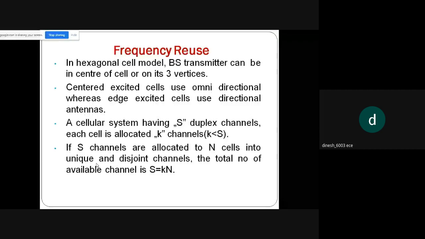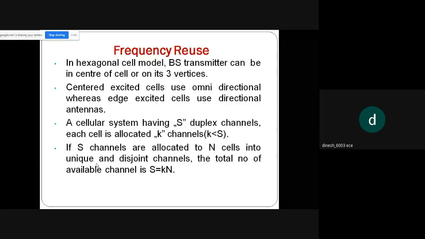In urban areas, for every 2 to 5 kilometers, a base station can be deployed nowadays for improved coverage. These base stations are omnidirectional in nature, meaning the antennas propagate signals in all directions. Omnidirectional, 360-degree.